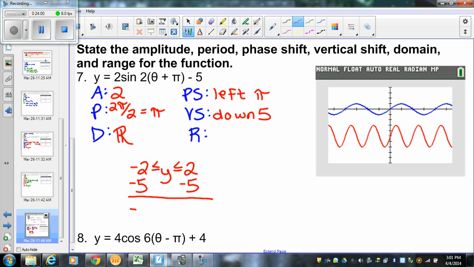So that's going to be -7 is less than or equal to y is less than or equal to -3. That's how I calculate it. I change them first by multiplying by the amplitude and then adding or subtracting the vertical shift. And if you look at this, the highest point here is at -3 and the lowest is at -7.